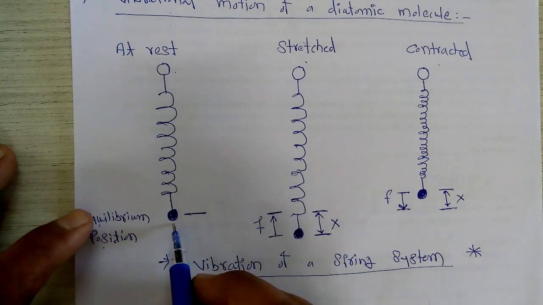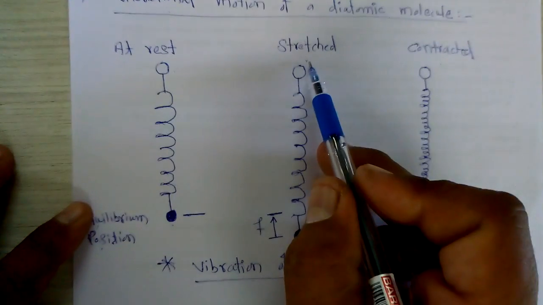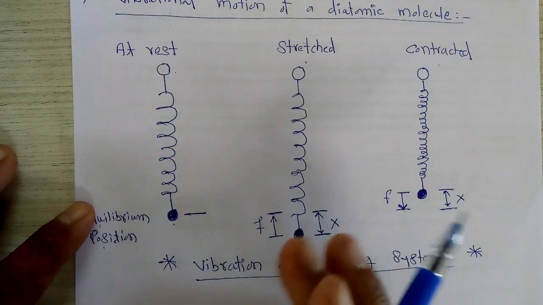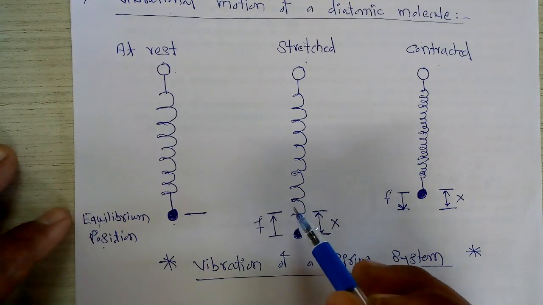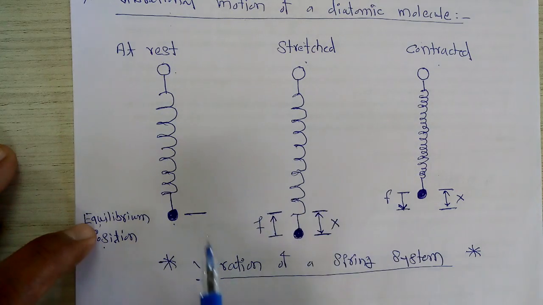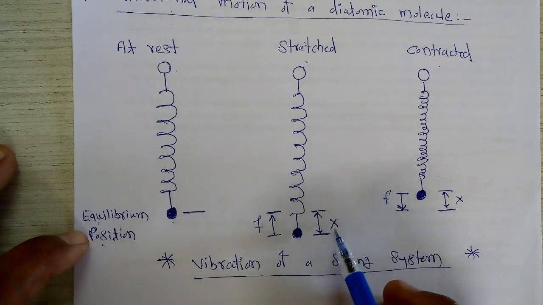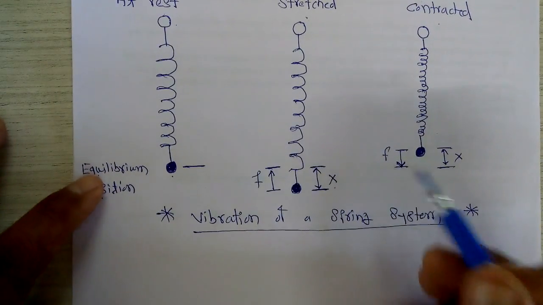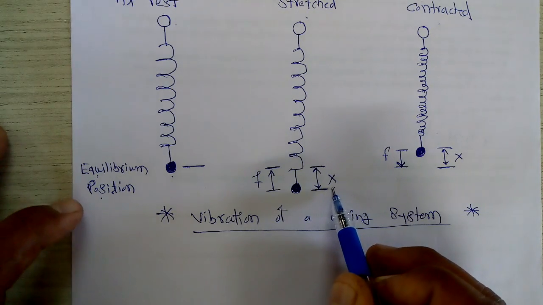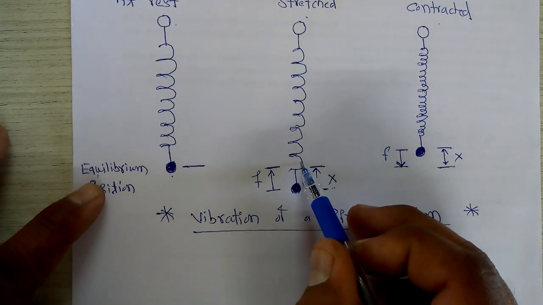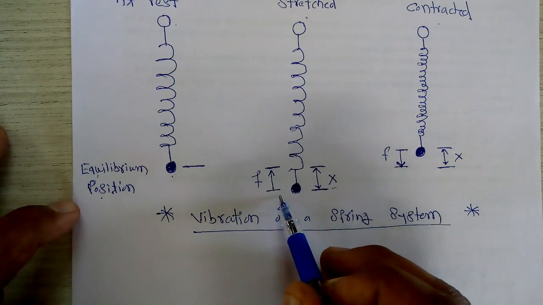What happens when this spring undergoes stretching, or this bond undergoes vibration? It undergoes some displacement from its equilibrium position, and that's why it has a displacement of x. If the spring changes its distance from the equilibrium position by a displacement x, it wants to regain its original position.